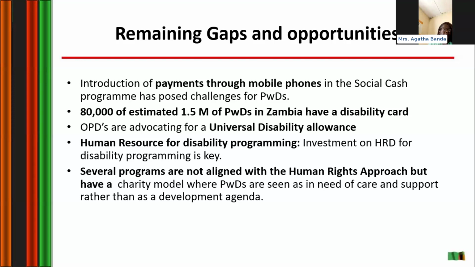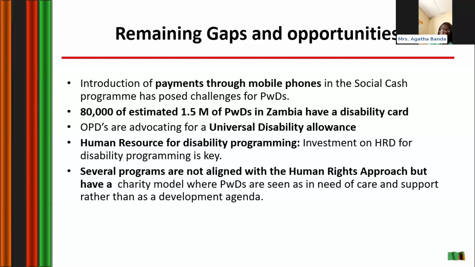We are also the ones who issue these disability cards. And one of the criteria for receiving that double payment on the social cash transfer is that they must have this card, which is issued by us.